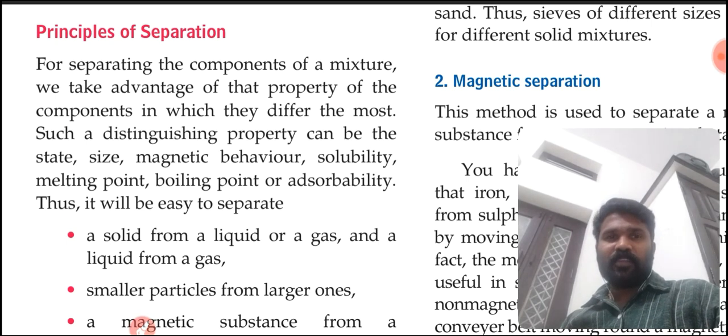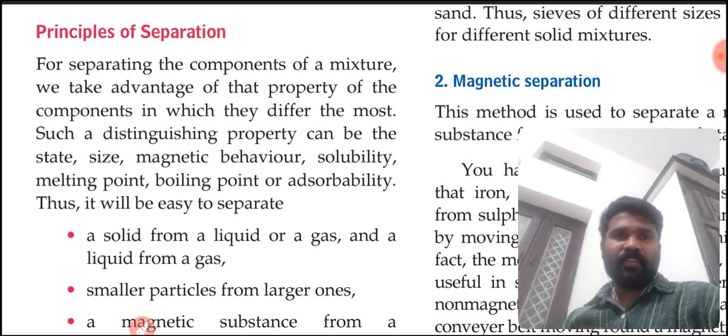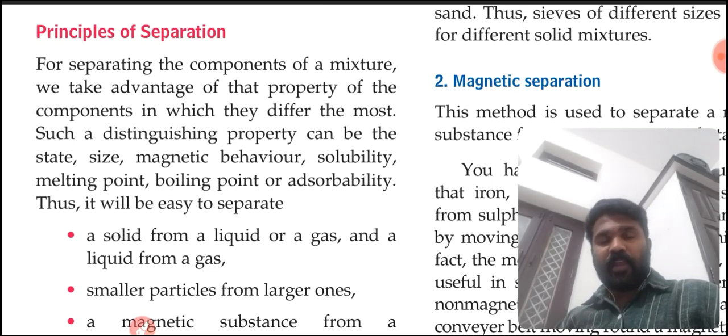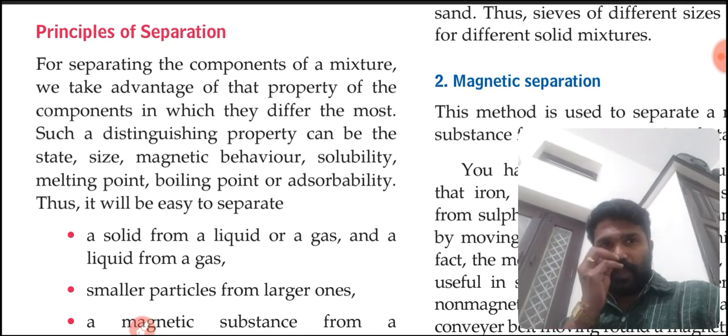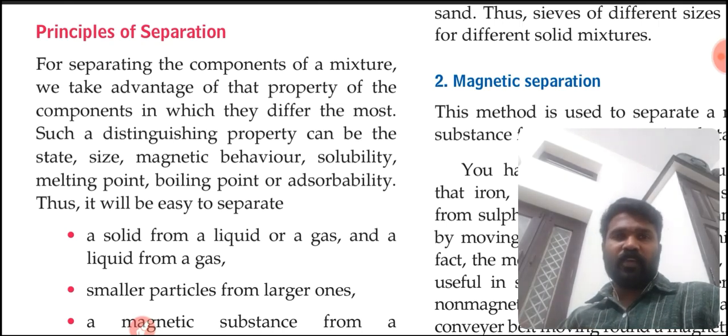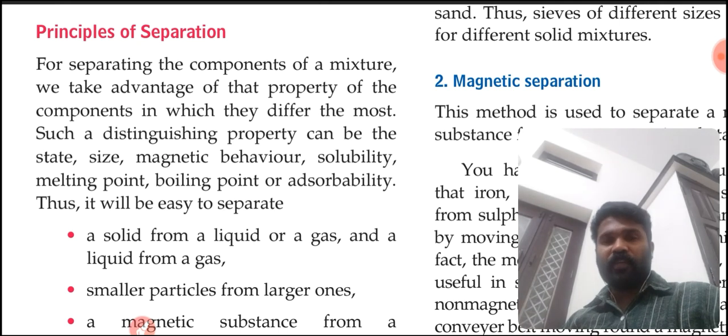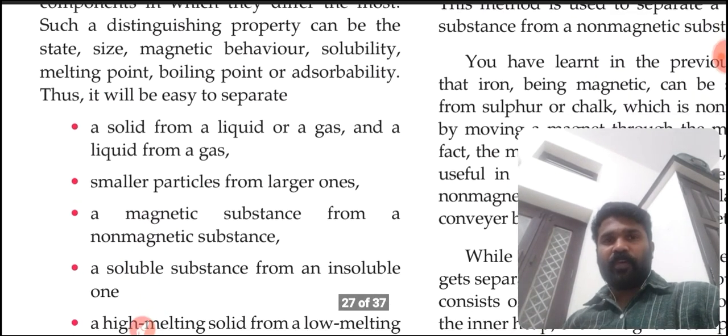Such a distinguishing property can be state, size, magnetic behavior, solubility, melting point, boiling point or adsorbability, etc. According to these criteria we can separate the components from the mixture.